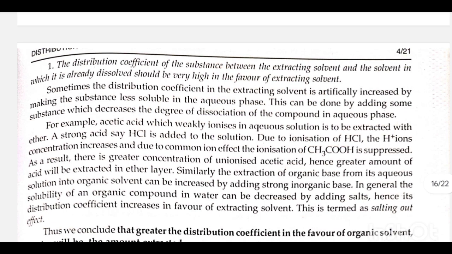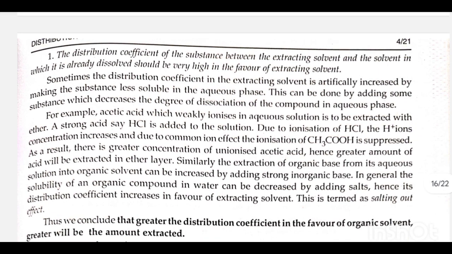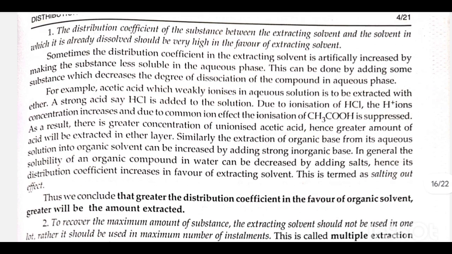Number 1, the distribution coefficient of the substance between the extracting solvent and the solvent in which it is already dissolved should be very high in favor of the extracting solvent. Sometimes the distribution coefficient in the extracting solvent is artificially increased by making the substance less soluble in the aqueous phase. This can be done by adding some substance which decreases the degree of dissociation of the compound in the aqueous phase.